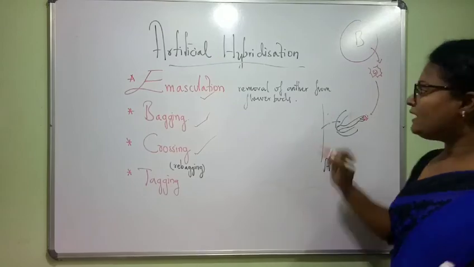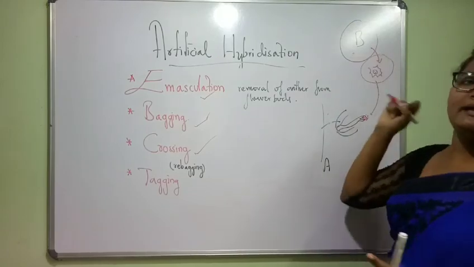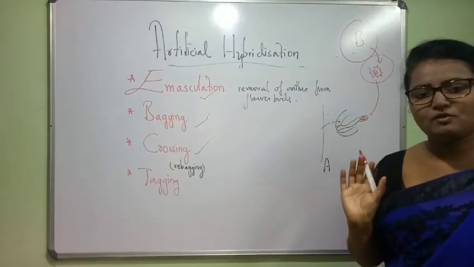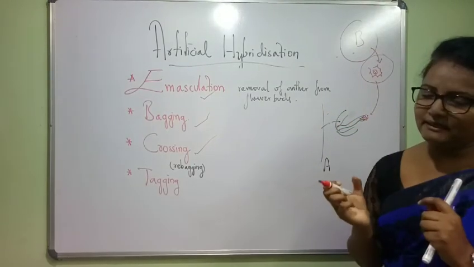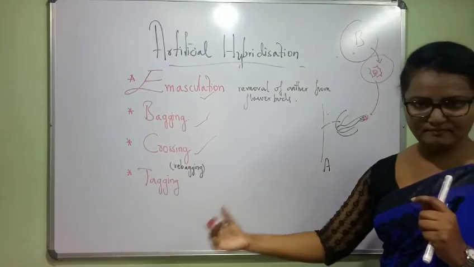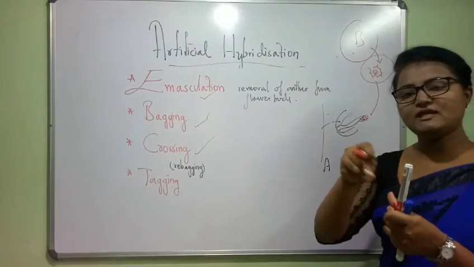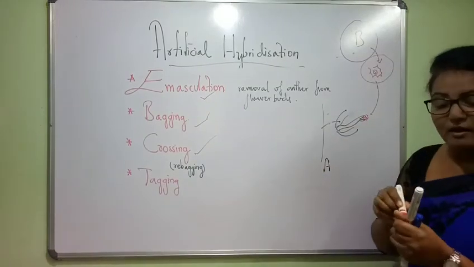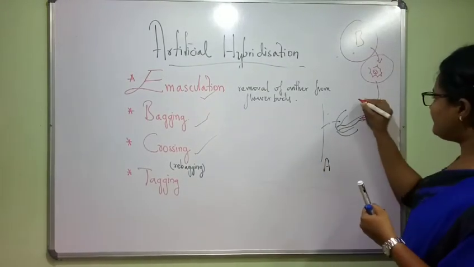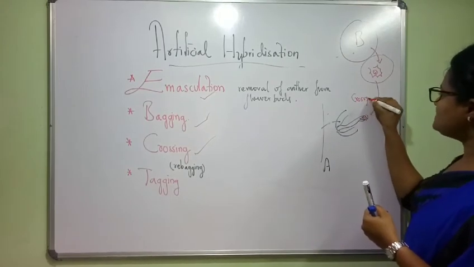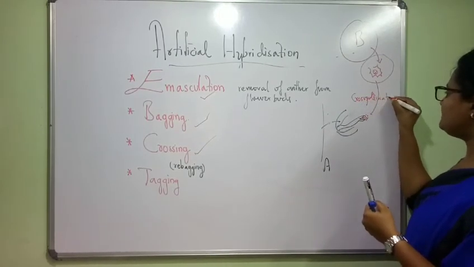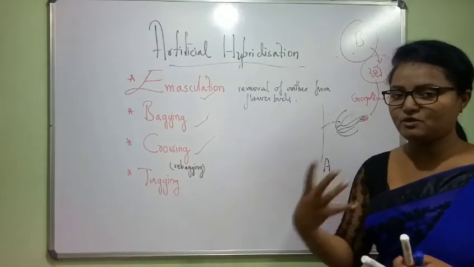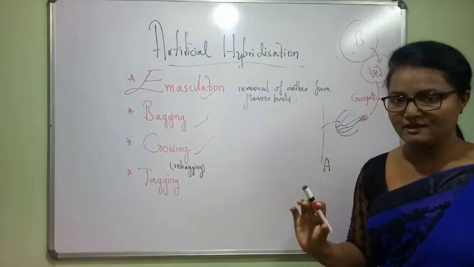Our desired character is in plant A, and I need plant B's character in plant A. So I take the anthers from plant B, a different plant, and dust them on the surface of the stigma. We performed cross pollination, and that too a controlled one, because humans are performing it, not any agents.